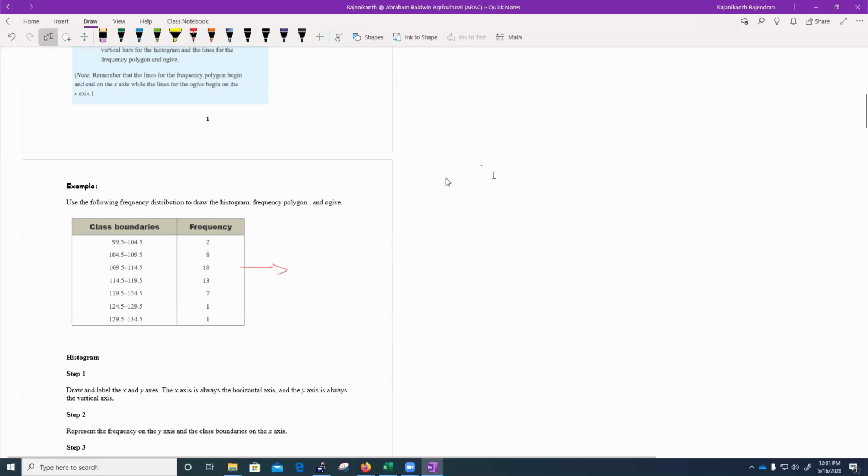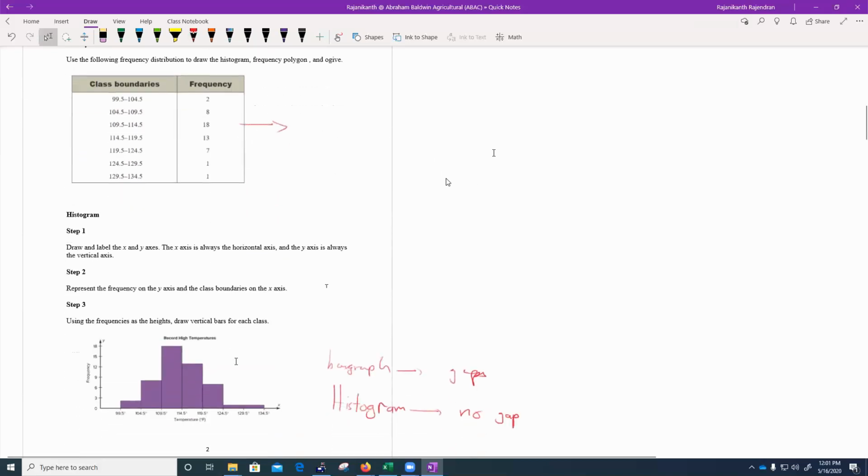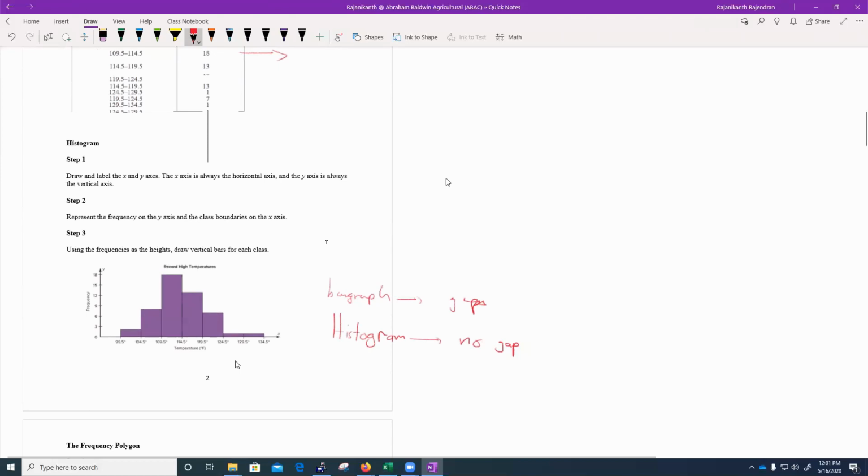So we are going to use these two columns to draw the histogram. To draw a histogram, first of all, we need to have two axes, x and y. Normally we choose our data values on the x-axis, and our frequencies will be on the y-axis.